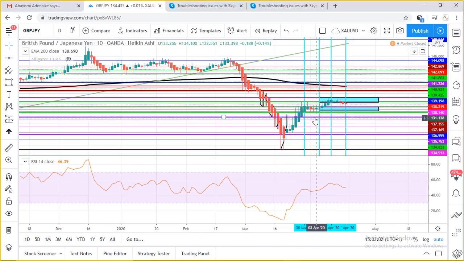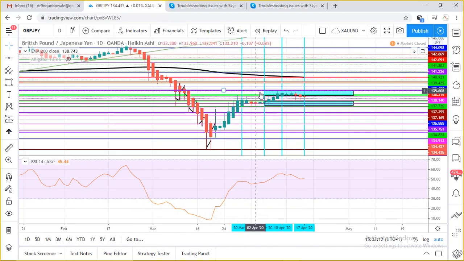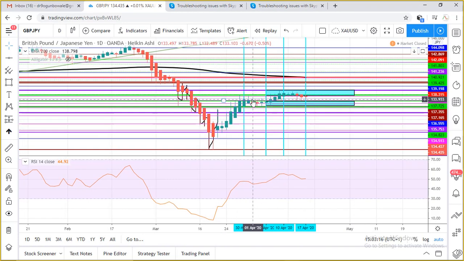Now, between this level, which is the second week, and this point where you have my green, price was just consolidating around here. So this consolidation, from here to this point, is just about 218.